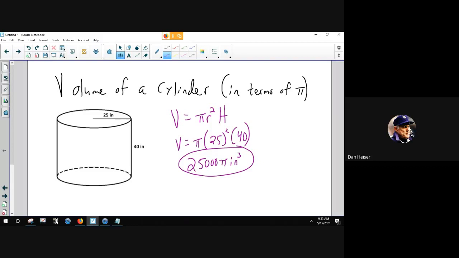Think of volume as I want to fill this solid with something. Let's say water. How much space do I have inside? Surface area would be I want to paint this entire solid. How much space outside do I need to cover?